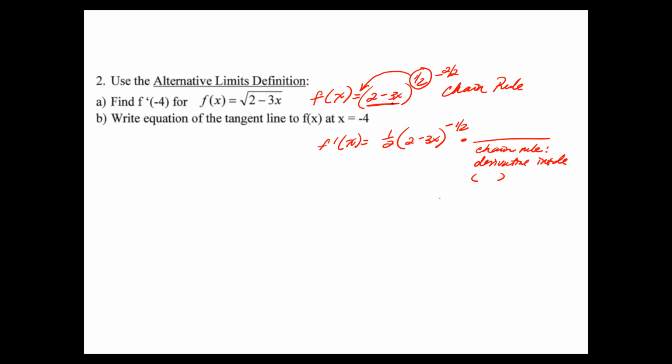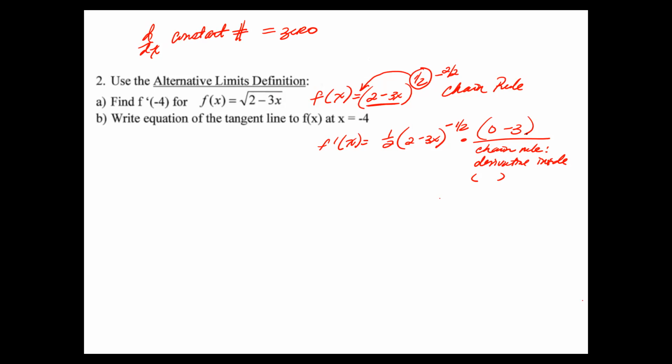So here inside the parenthesis, the derivative of a constant, so of any number, is always going to be 0. So then the 2 becomes a 0, and that negative 3x becomes just a negative 3.